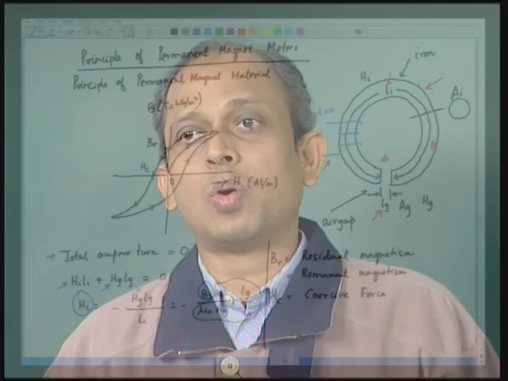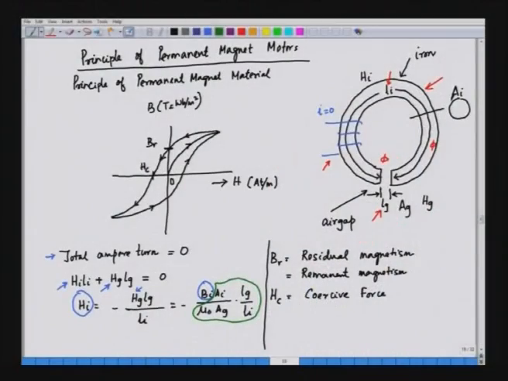So, this can happen only in the second quadrant and the fourth quadrant. So, what is the second quadrant? This is quadrant number 1, this is quadrant 2, this is quadrant 3, and this is quadrant 4. Now, in the first quadrant of the BH curve, B is in the y axis and H is in the x axis.